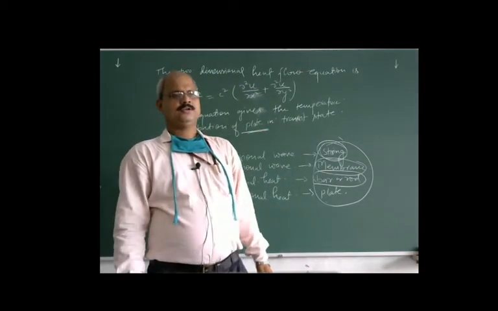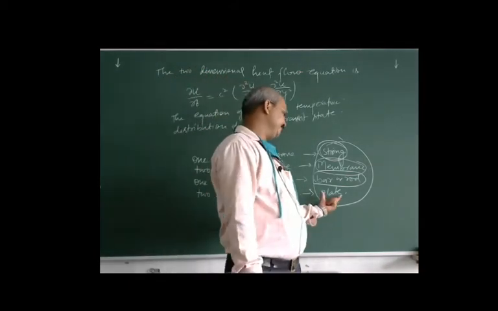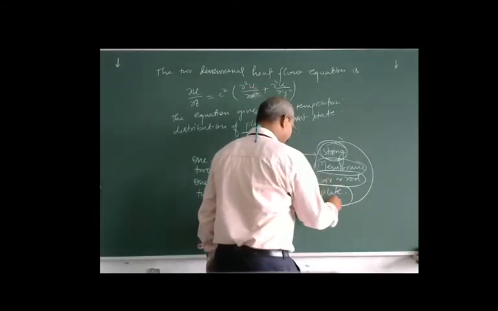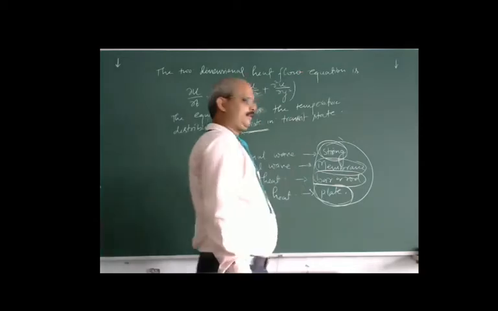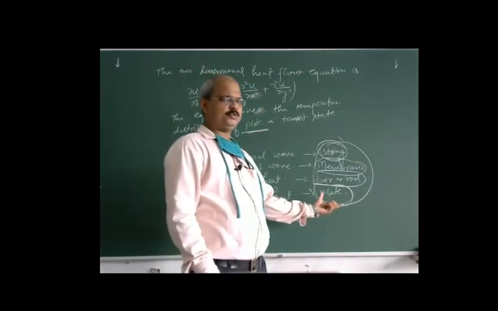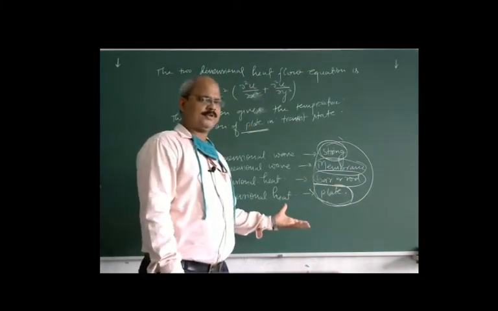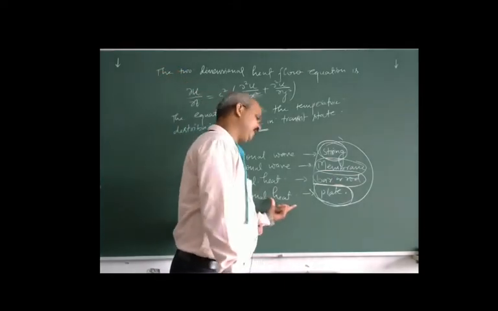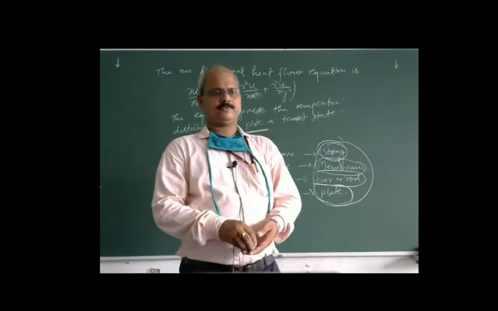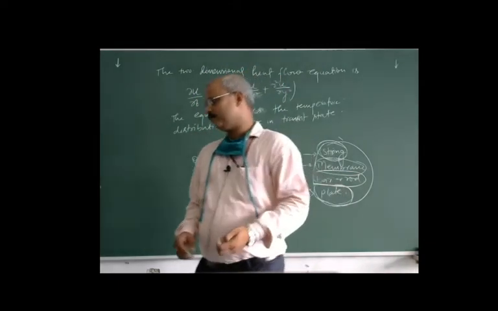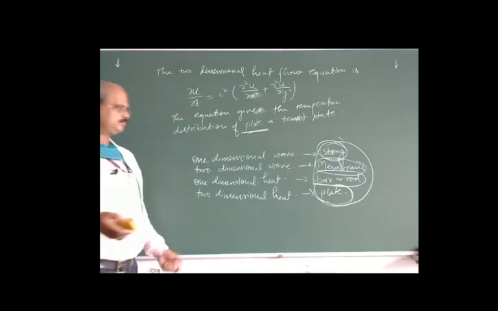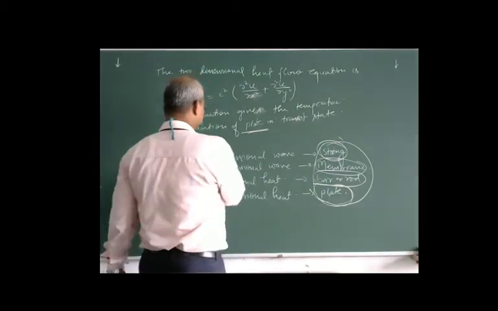But consider the case where in a given problem the term plate is used, so that problem is fully based on two-dimensional heat flow. Today I am going to discuss these.